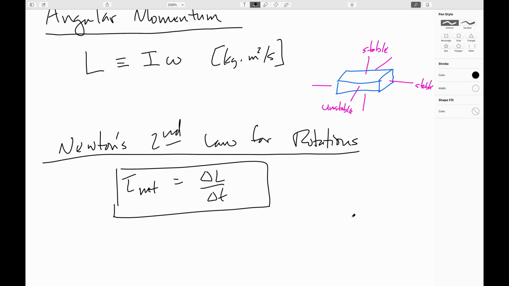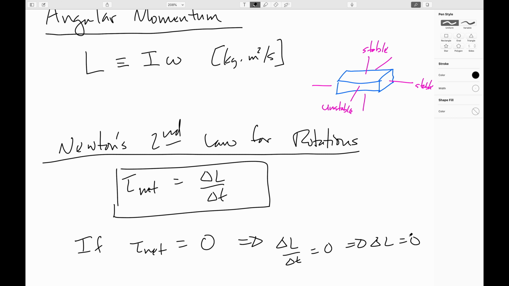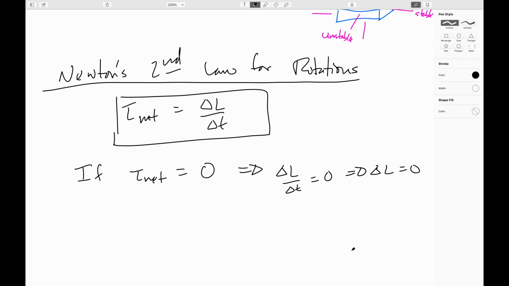So we'll start here by observing that just like when conserving the translational momentum, if the system is isolated, so here what we're saying is if the net torque on the object is 0. So this doesn't necessarily require the net force to be 0, but if the net torque on the system is 0, then that means that the change in momentum with respect to time has to be 0, but then that means that the momentum never changes.